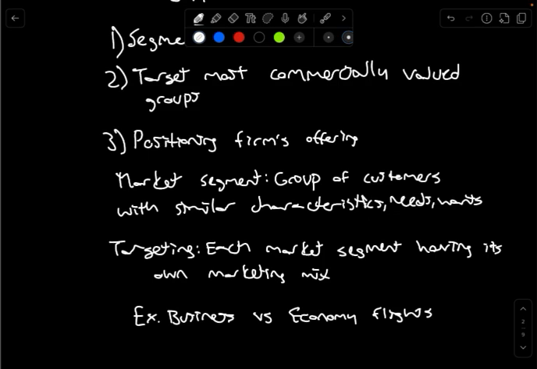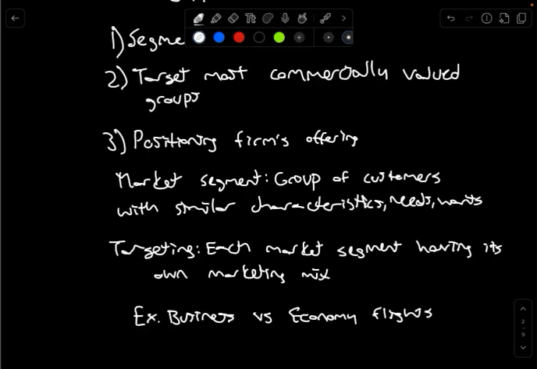And then targeting is each market segment having its own marketing mix. For example, different advertisement channels, different products offered. For example, business versus economy flights. So when you think about it, the advertisements for business and the advertisements for economy flights would not be the same.